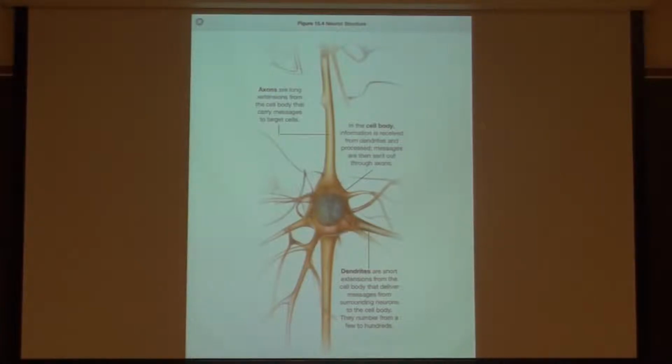We have in our brain 10 to the 11 neurons, and each of these neurons has about 1,000 to 10,000 connections with other neurons. You call those synapses, where they are exchanging information.